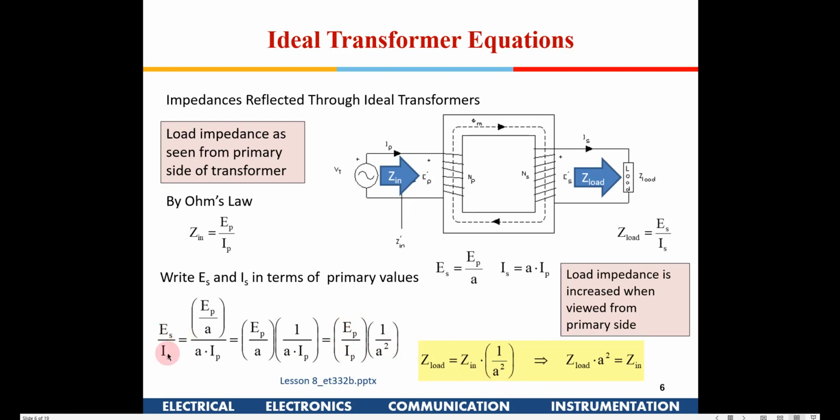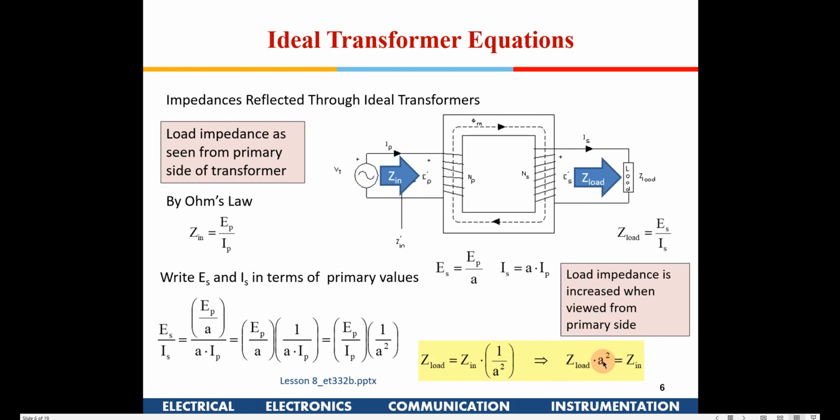That is Z in. And what is E secondary divided by I secondary? That is Z load. I get Z load is equal to Z in into 1 by A square, or Z in, the impedance as seen into the primary, will be Z load into A square. So you will find the impedance as seen into the transformer will be A square times the Z load.